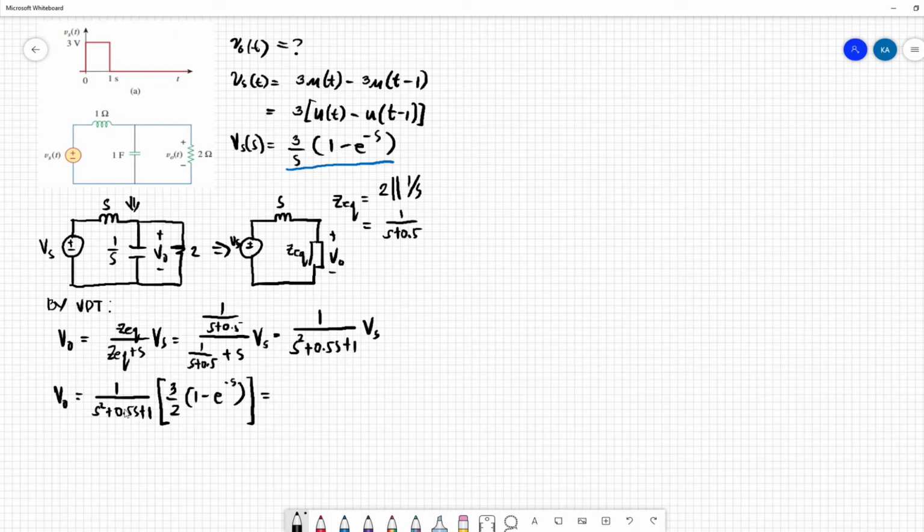Or we can distribute this factor. We have 3 over s times s squared plus 0.5s plus 1 minus 3e to the negative s over s times s squared plus 0.5s plus 1.